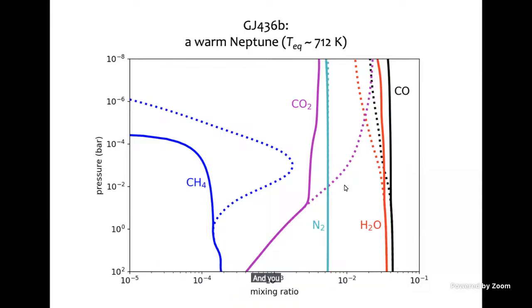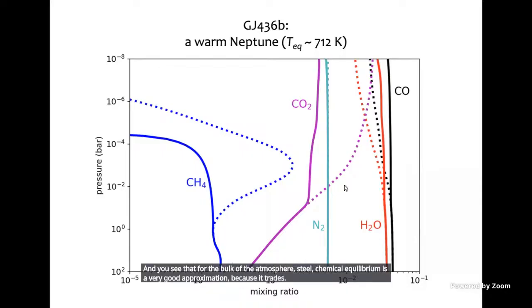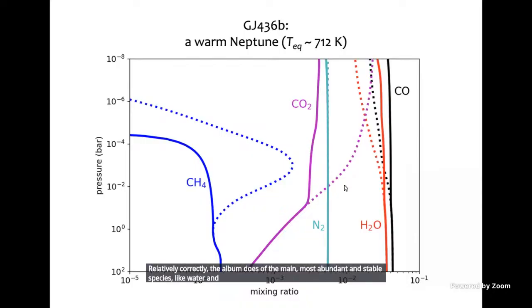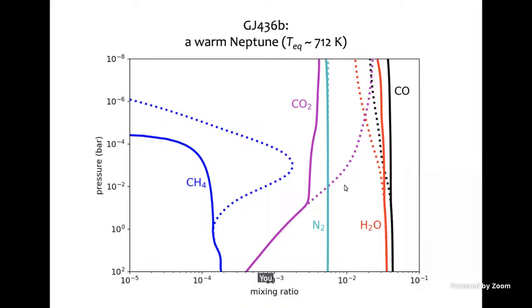And you see that for the bulk of the atmosphere, chemical equilibrium is still a very good approximation because it predicts relatively correctly the abundance of the most abundant and stable species like water, carbon monoxide and molecular nitrogen. And then for others, you start to see some deviations. Normally, in the bottom of the atmosphere, the agreement is almost perfect.